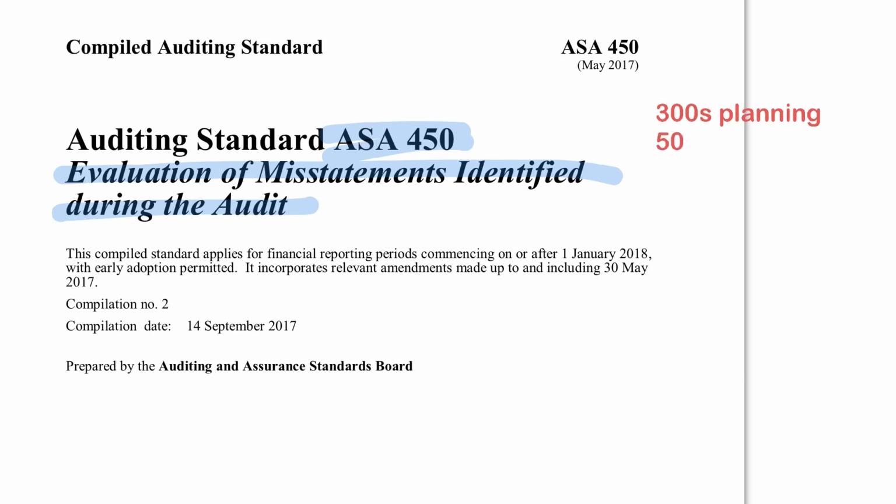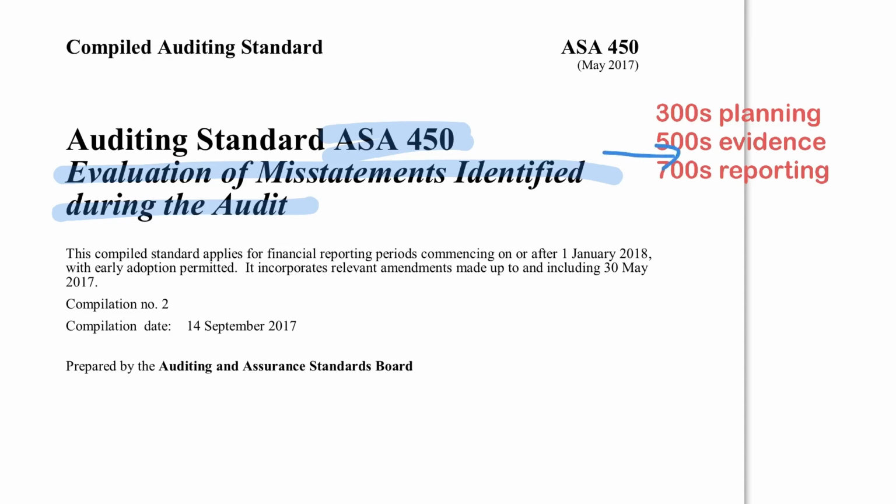You've got the 500s, which are all about collecting evidence, and then you've got the 700s, which are really the standards specifically on reporting. So if you're thinking about evaluating misstatements, I almost think that they belong in here, in this gap between evidence and reporting.